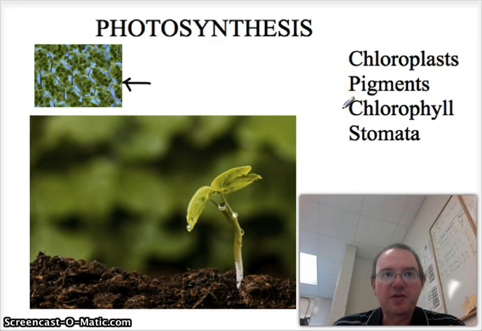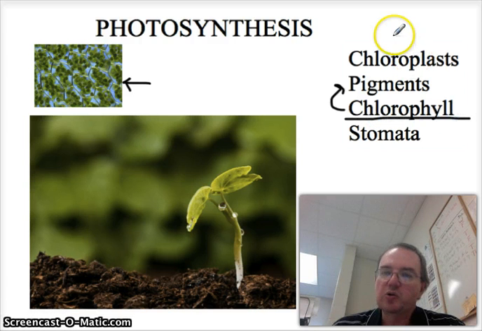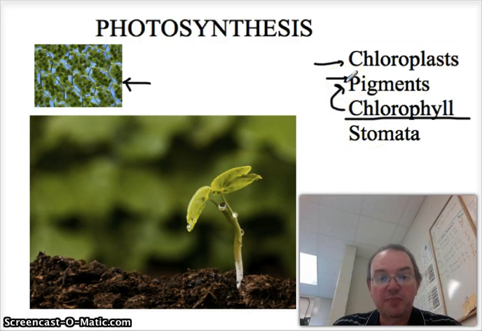And the main pigment is chlorophyll. So the organelles that are chloroplasts have a green color in them that is from pigments, and the main pigment is called chlorophyll. You may have heard in the past that chlorophyll is an essential part of photosynthesis.